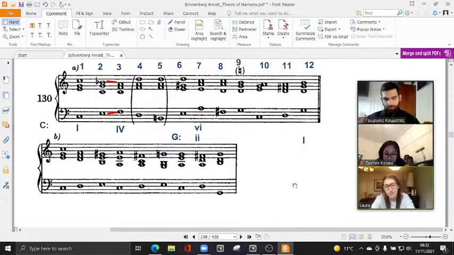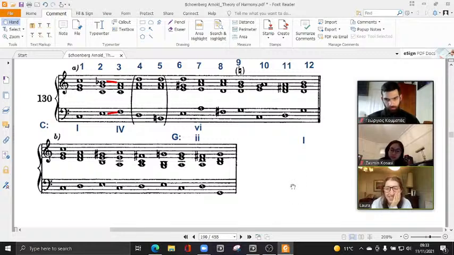Because the Dorian, I always think of Dorian as like D, and it's got none of the notes from that. So it's not going to be a Dorian. But it's one that's got the B flat in it.